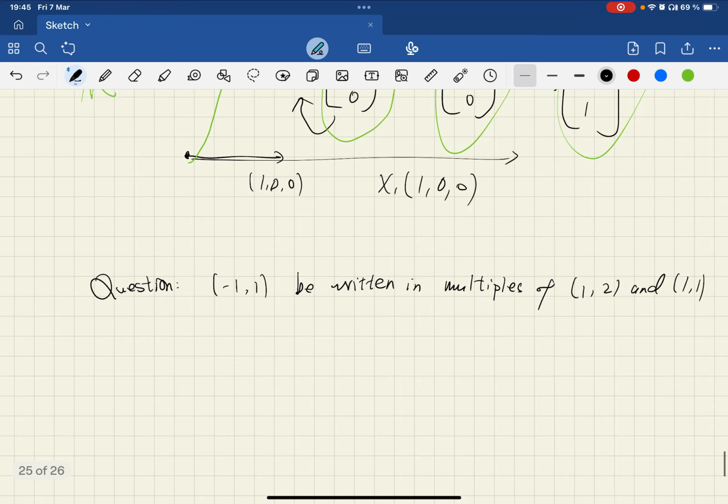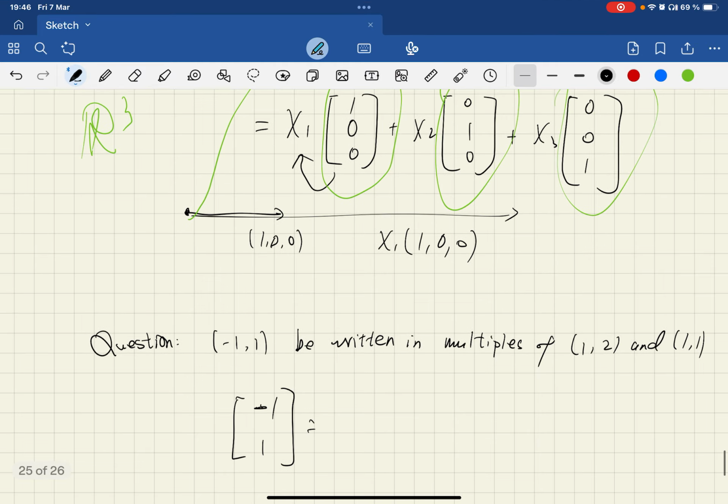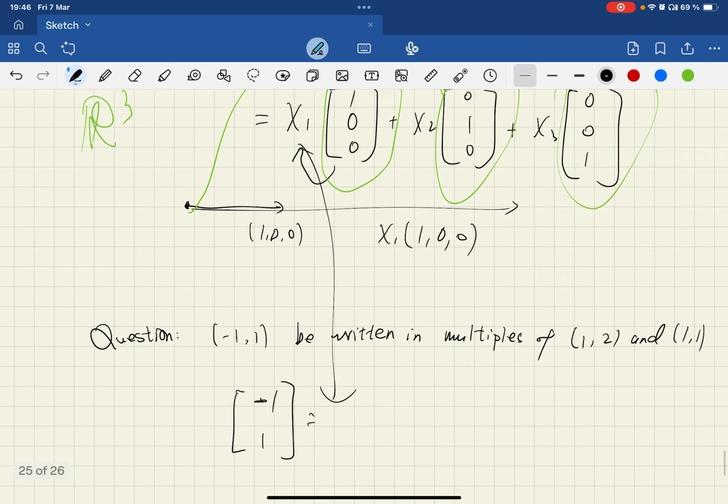Okay, so our result is this, and suppose x times (1, 2) plus y times (1, 1).